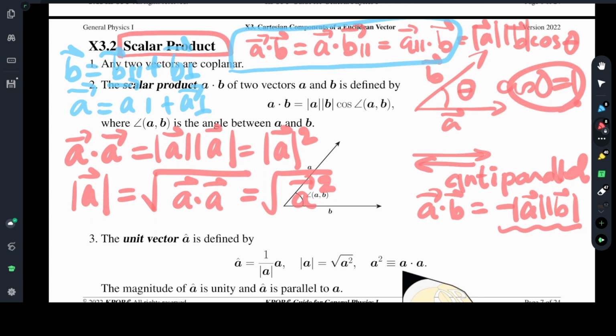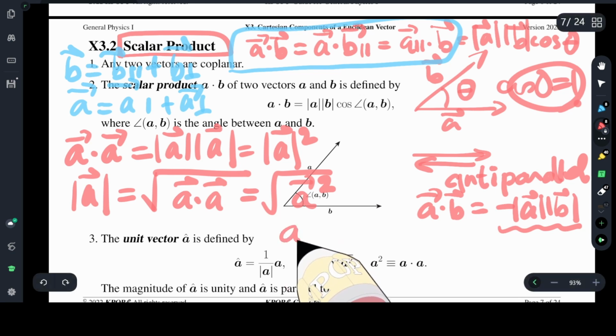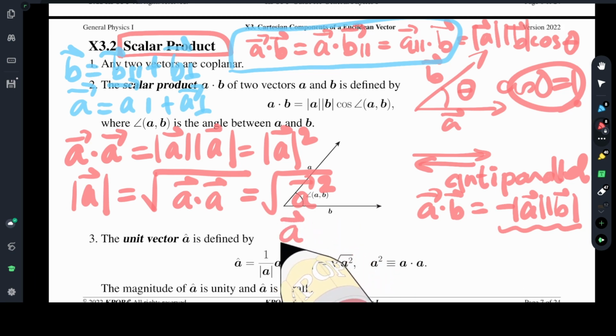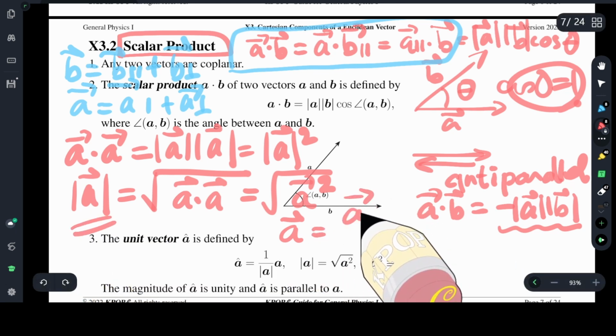Once you know the magnitude of a vector, it is straightforward to find the unit vector along that vector, because the magnitude of A is an absolute value. We divide the vector by the magnitude.